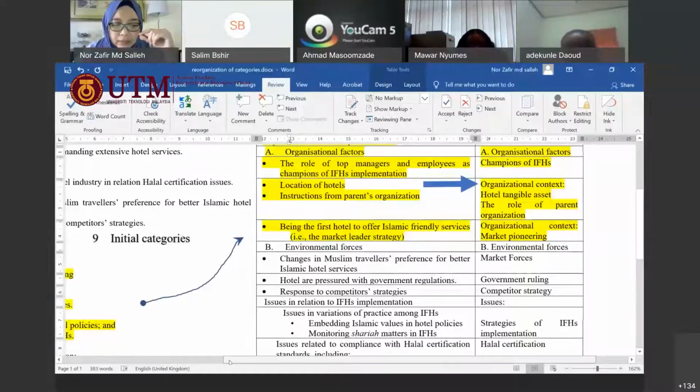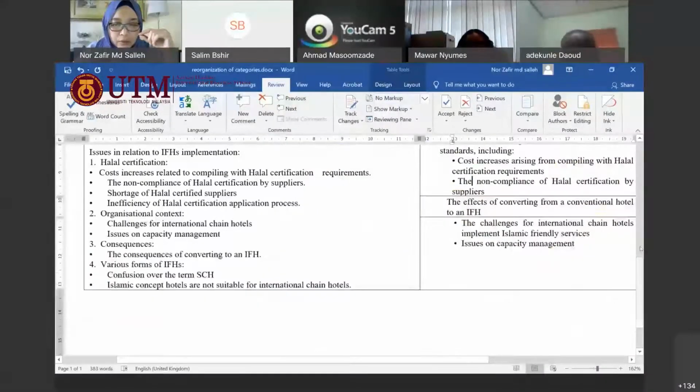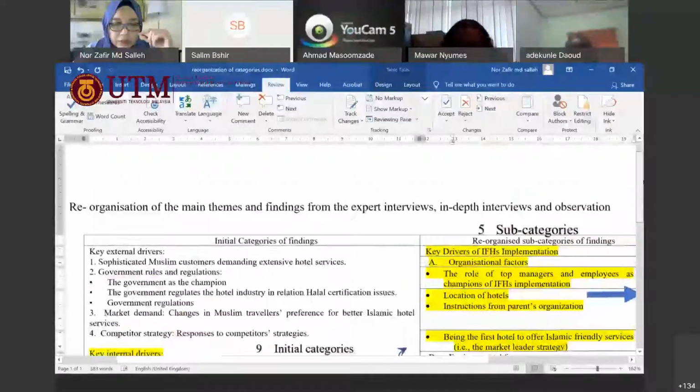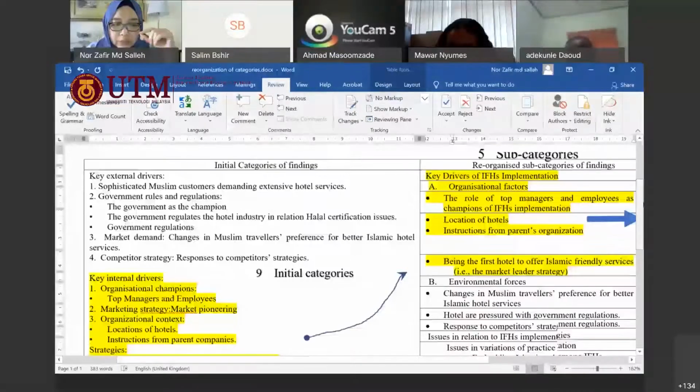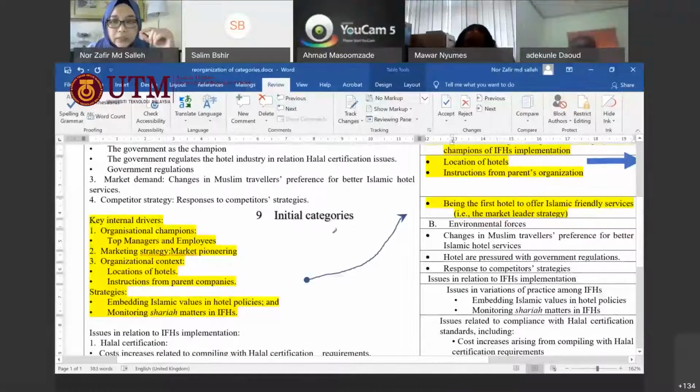This is the table that I mentioned just now. We need to reorganize the initial categories of findings that we found. We were talking just now about our internal drivers to adopt something new in the hotel, which is Islamic hotel practice. The internal key drivers in this study are identified as the top managers and employees, the marketing strategy itself, the organizational context, and also their strategies to market themselves.